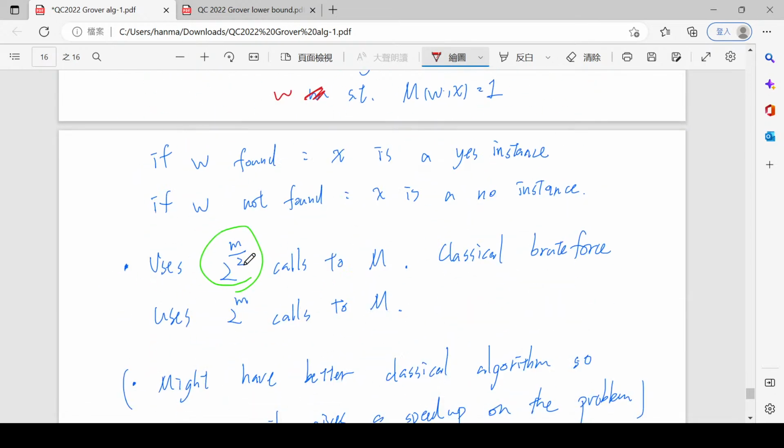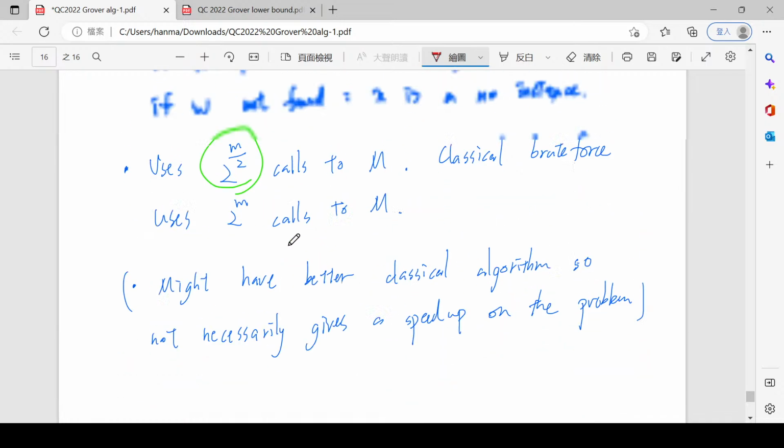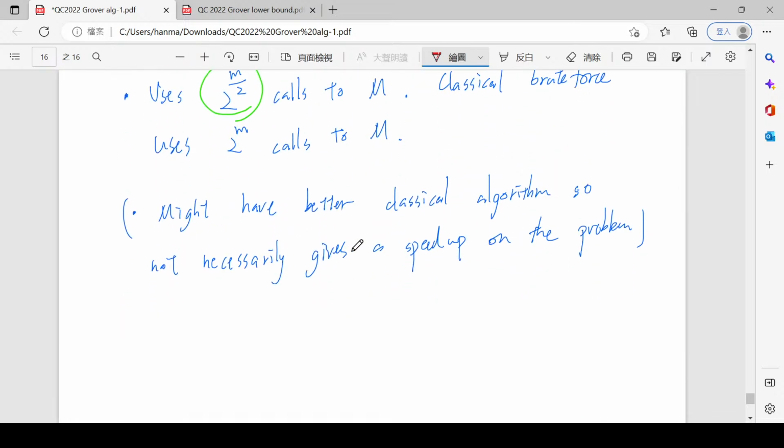If you do classical search, you need to look through all 2 to the m different witnesses. But running Grover's algorithm, you only need 2 to the m under a square root, so that's 2 to the m over 2. So there is a little speed up here.